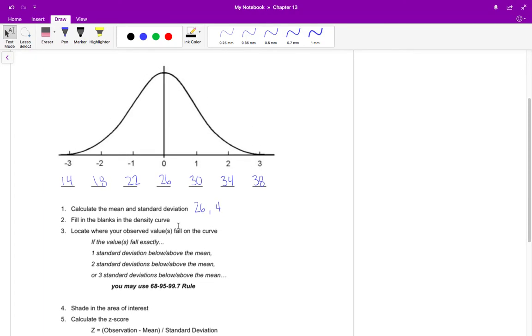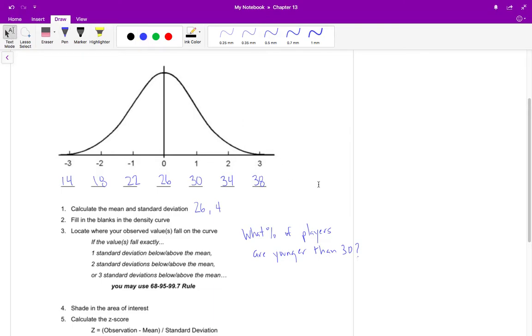So let's say I asked you the question, what percentage of players are younger than 30? Okay, how could I answer that question?